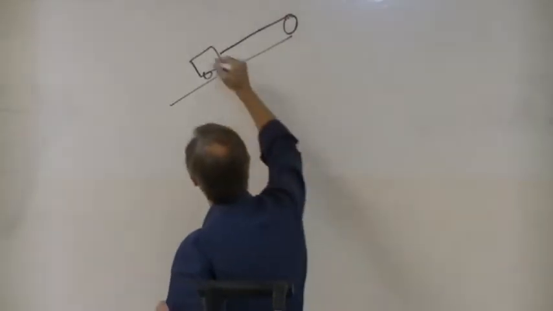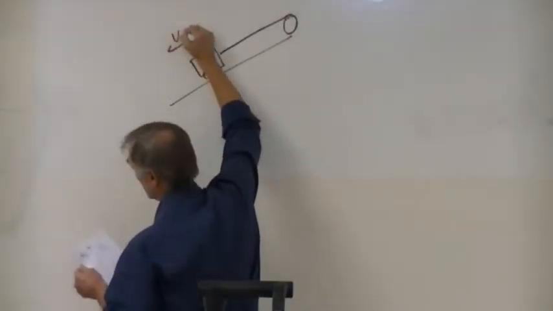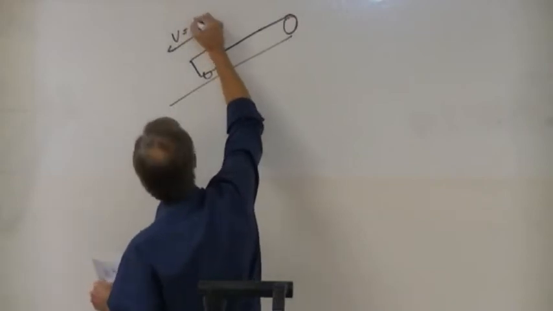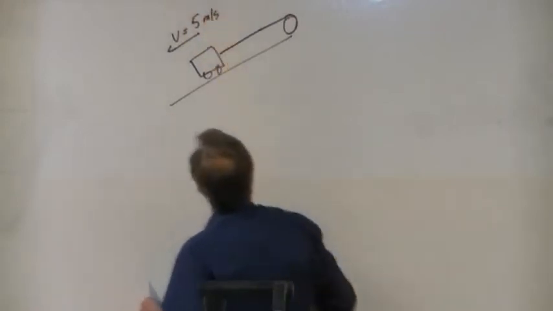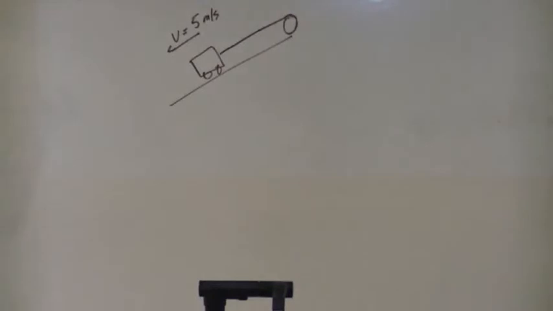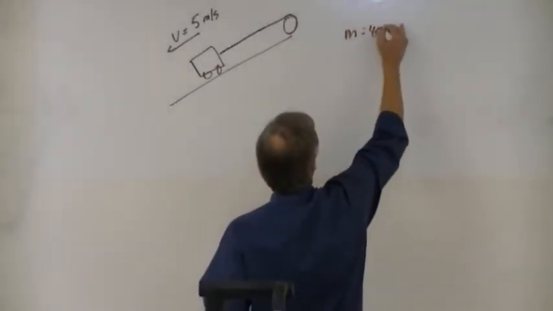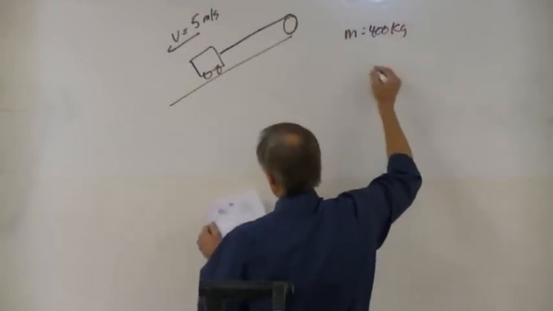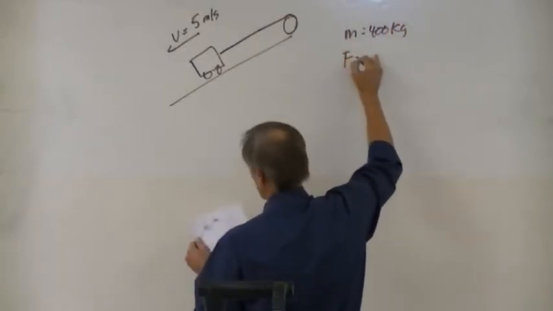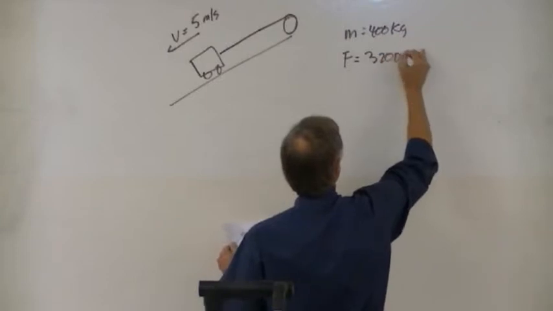Except that its initial condition is V is equal to 5 meters per second down the hill. That's the initial condition, 5 meters per second down the hill. The mass is equal to 400 kilograms, and the force in the motor is equal to 3,200 t squared.